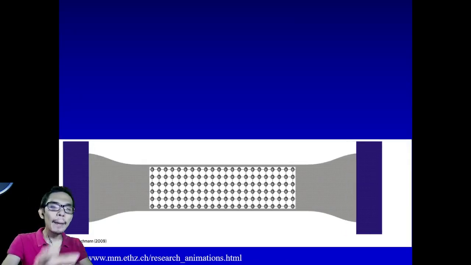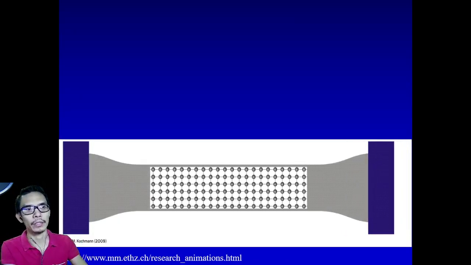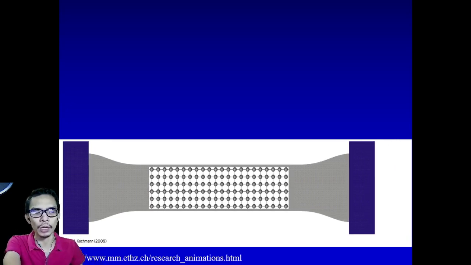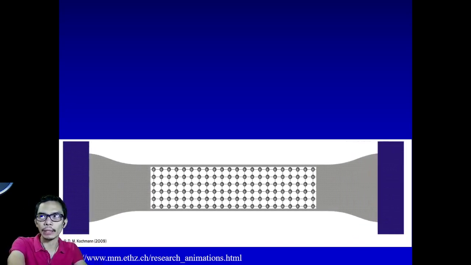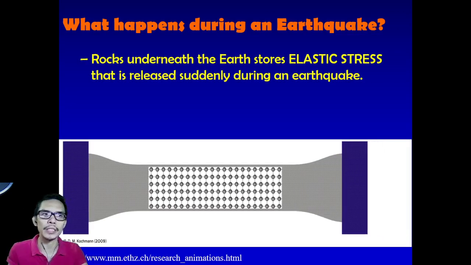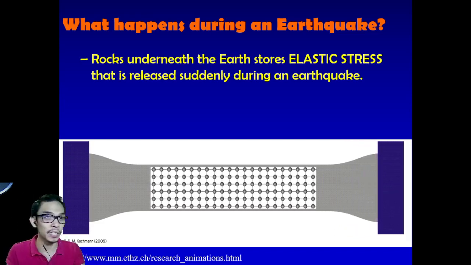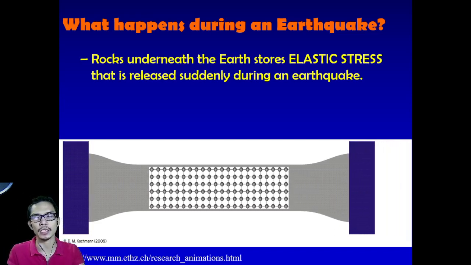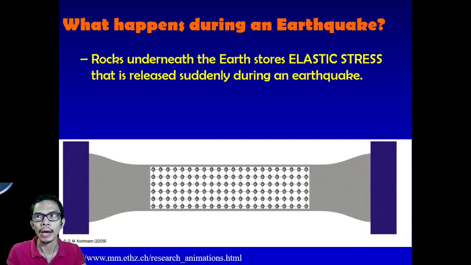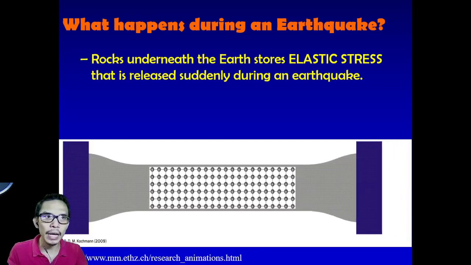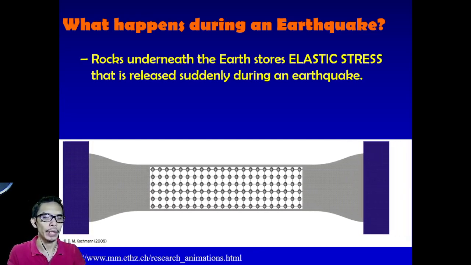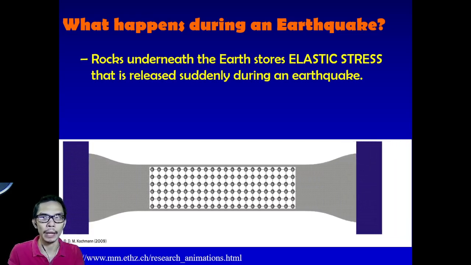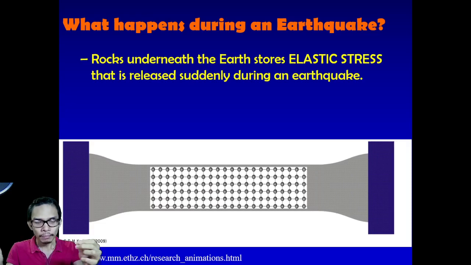Now what happens during an earthquake? The rocks are subjected to elastic stress, which is stored by the rocks and released suddenly during an earthquake. It is just like a rubber band.